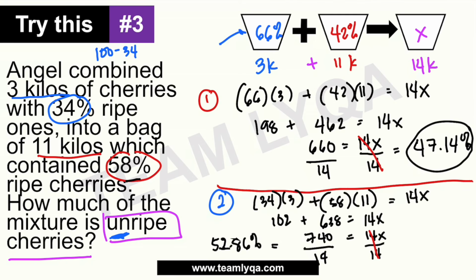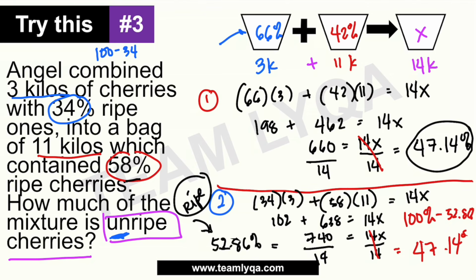Now, again, dahil ito ay yung mga ripe, ito percentage ng ripe cherries at ang hinahanap mo is unripe, ang gagawin ko ngayon para makuha ko yung final answer natin would be 100% minus 52.86%. And if you notice, kapag binawas ko yung 52.86% sa 100%, ang kalalabasan din niya is 47.14%.